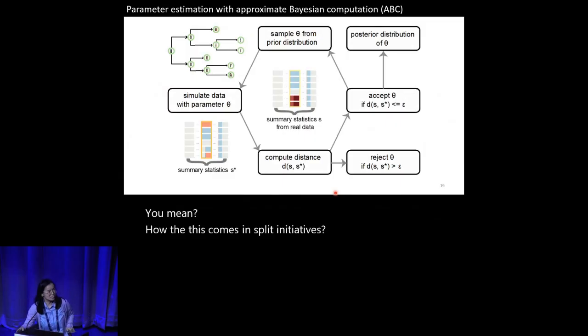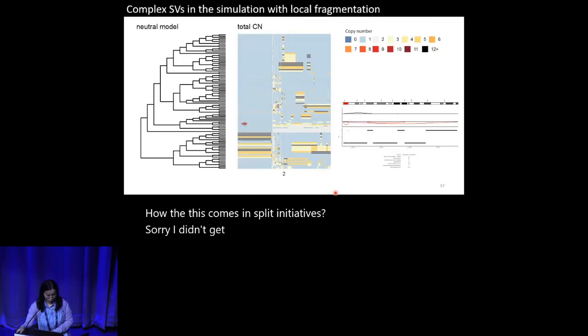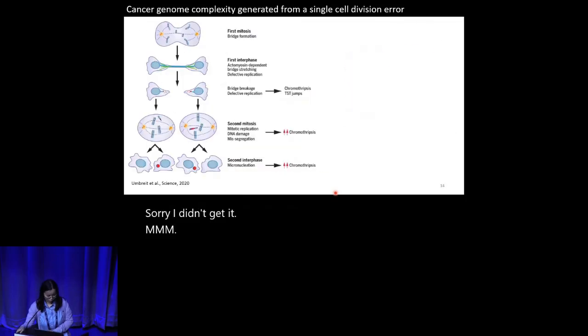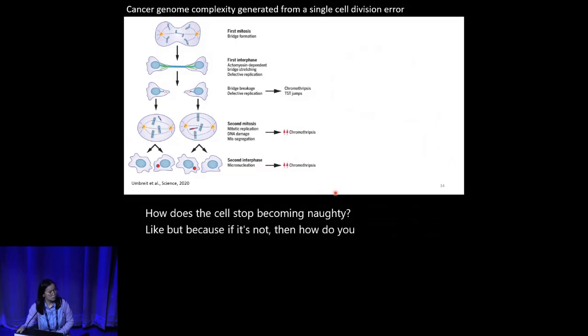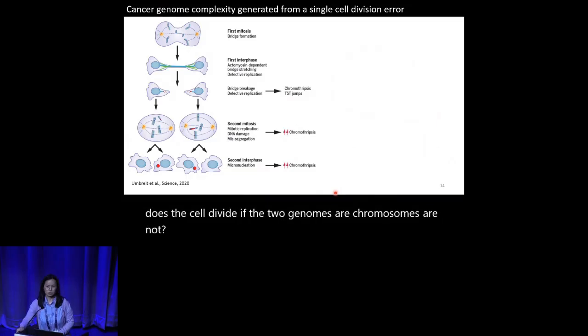Sorry, I didn't get it. In normal chromosomes, I guess they're not knotted, right? Like you get a knot with string. But if there's a lot of instability in the genome, how does the cell stop becoming knotted? Because if it's knotted, how does the cell divide if the two genomes or chromosomes are knotted?